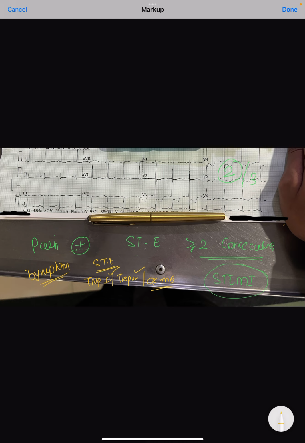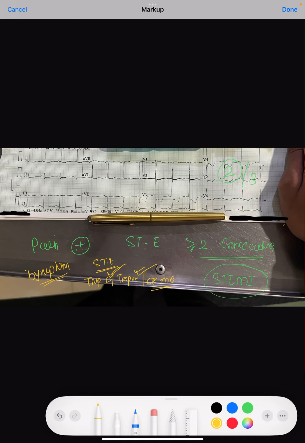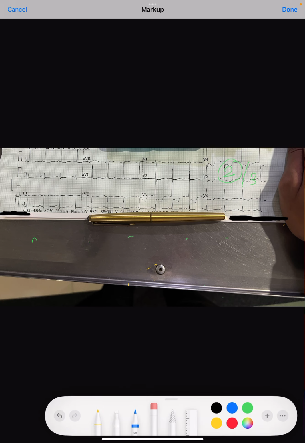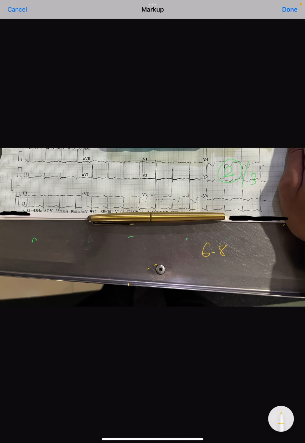It may take around 6 hours for troponin I or troponin T to come into the blood to a detectable level. That is the reason why any patient presenting with chest pain, if they have negative troponin I or negative troponin T, we repeat the troponin I or troponin T after 6 to 8 hours of sending the first blood sample.